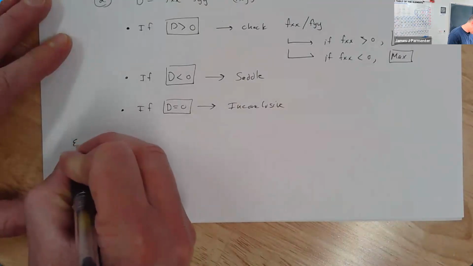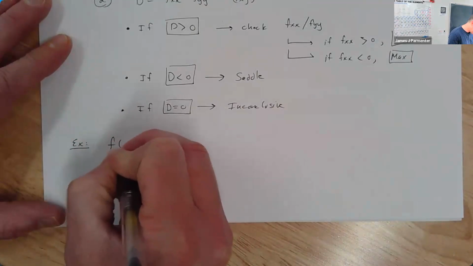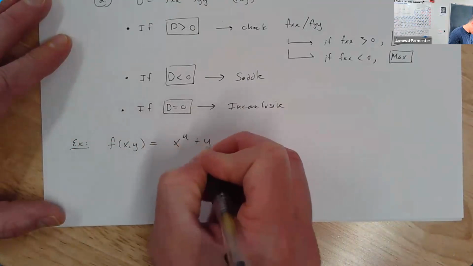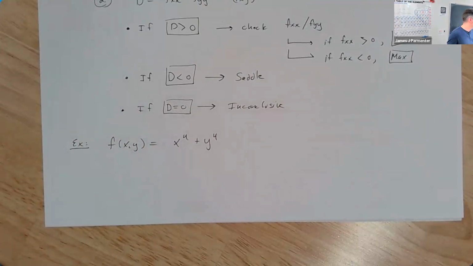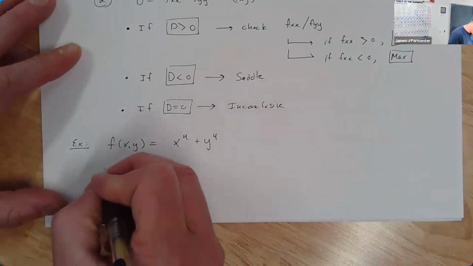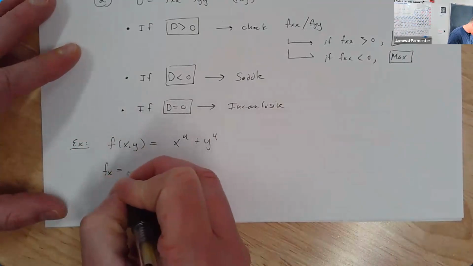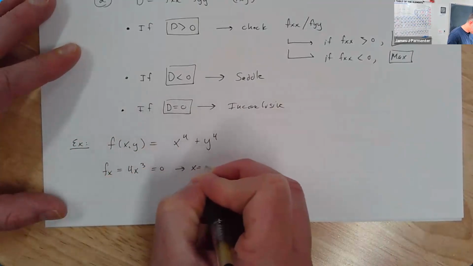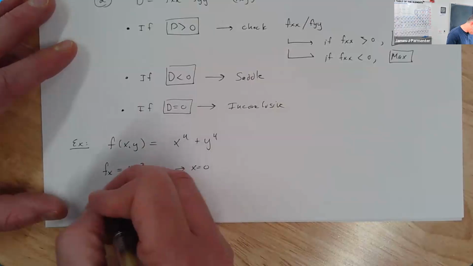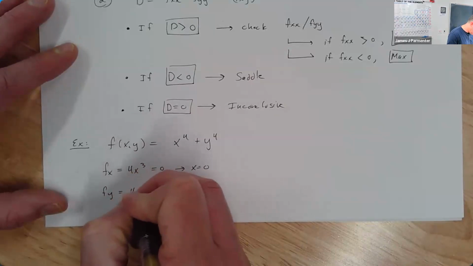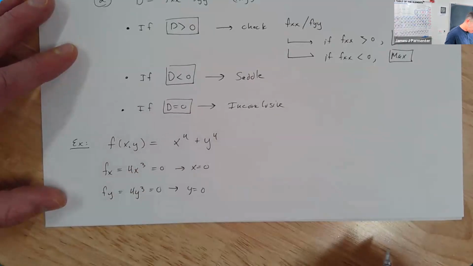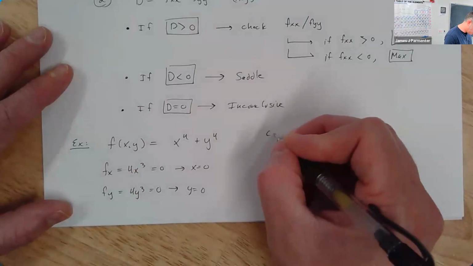Let's say we have the following function. f of x, y is equal to x to the 4th plus y to the 4th. Let's find our partial derivatives. fx is 4x cubed. Set that equal to 0, you get x equal to 0. Similarly for fy, fy is 4y cubed. Set that equal to 0, you get y equal to 0. So our only critical point is 0, 0.